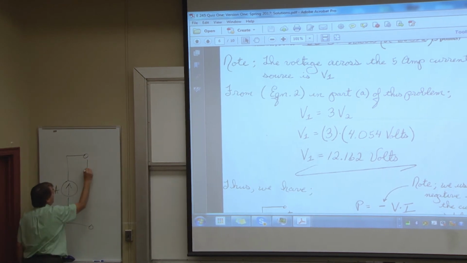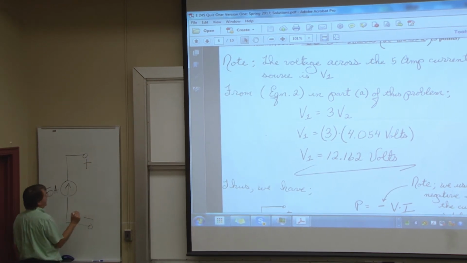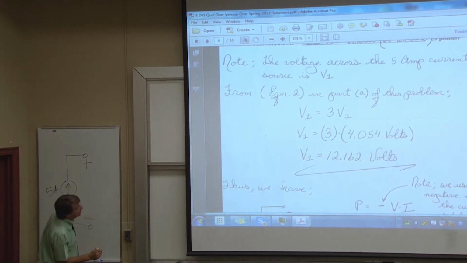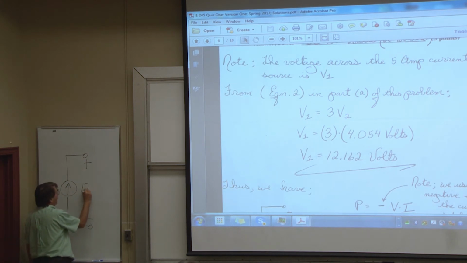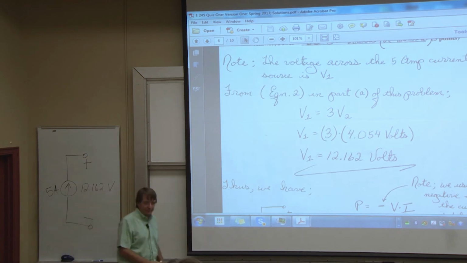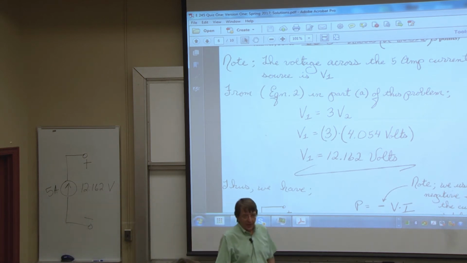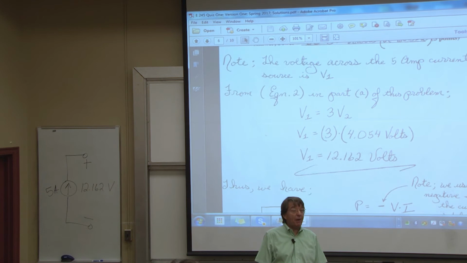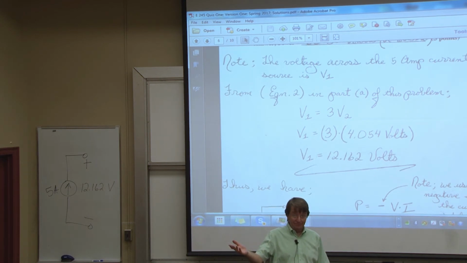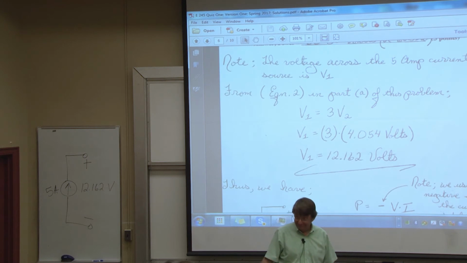The voltage is plus and minus 12.162 volts. So how much is the power supplied by the current source? I times V. That's it.